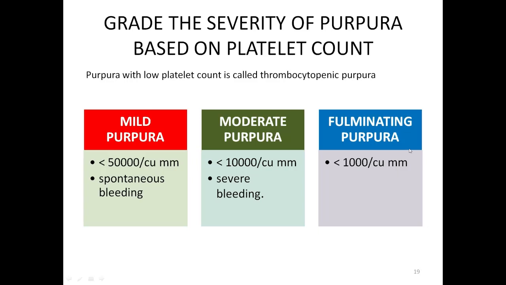Okay, but in case of moderate, where the platelet count is less than 10,000, there the chances of severe bleeding are there. And in case of fulminating purpura, the platelet count is less than 1000. And here very severe bleeding can take place, and the patient can also die.